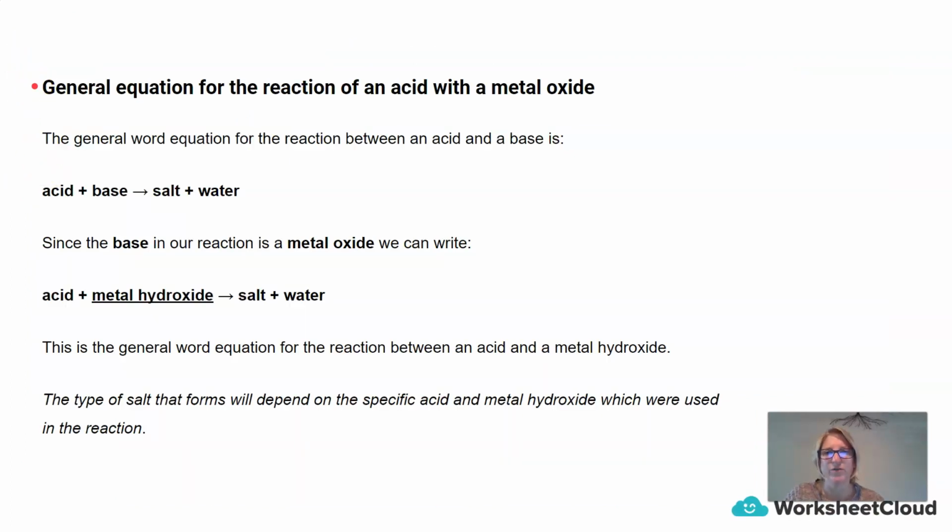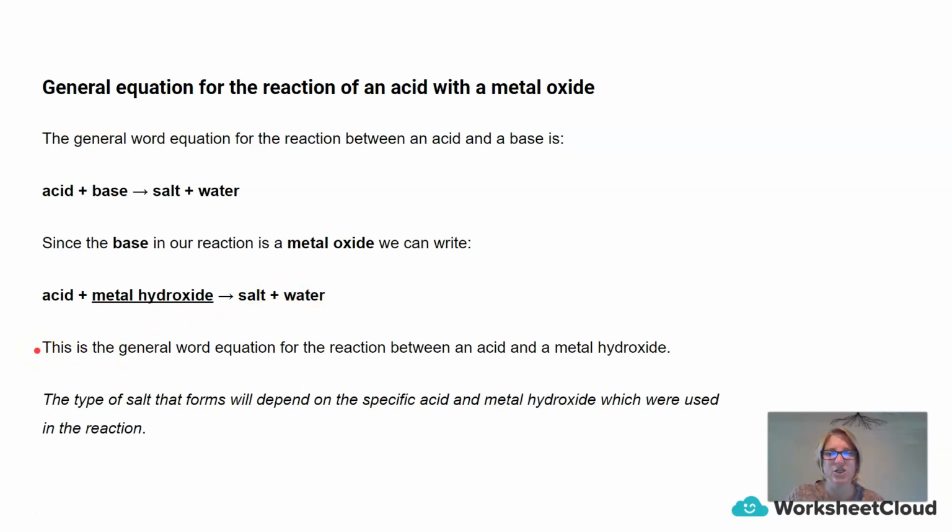So the general equation for the reaction of an acid and a base is an acid plus a base reacts to form a salt plus water. But since the base in our reaction is a metal hydroxide, we can rewrite this generalized neutralization reaction as acid plus metal hydroxide reacts to give us a salt plus water.